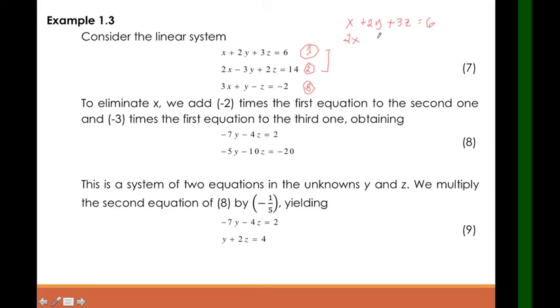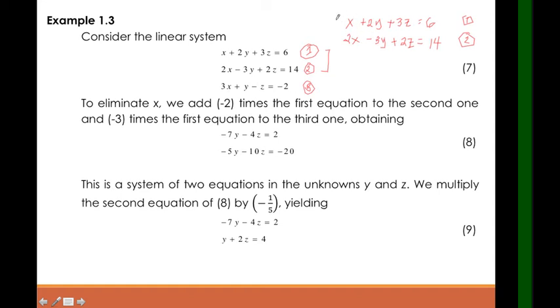And the second equation is 2x. Kasi kailangan natin siya paglaruan eh. So, we have negative 3y plus 2z. And we decided that we will use the first equation to get the second and third. So, kukunin ko muna yung 1 and 2. Okay, we need to add negative 2 times to cancel the x.